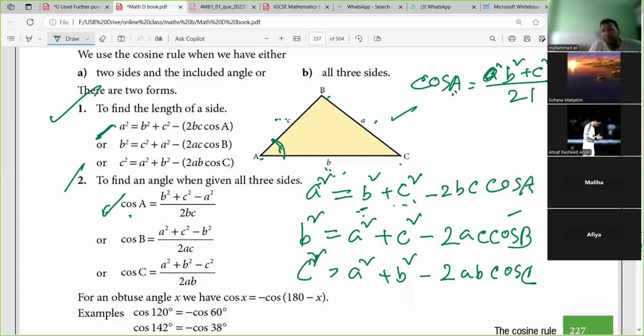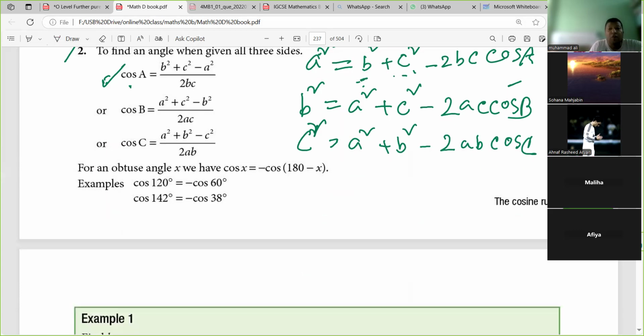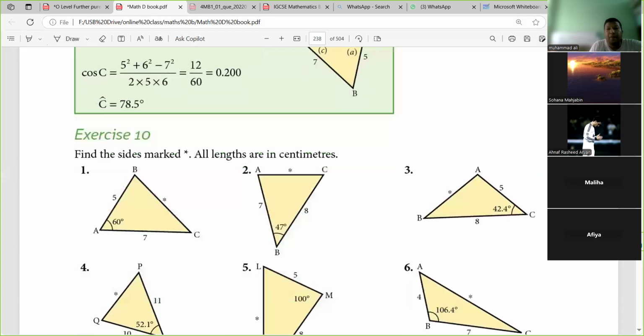Like cos C equals A squared plus B squared minus C squared divided by 2AB. And cos B equals A squared plus C squared minus B squared divided by 2AC. Okay. So this is also a very strong formula. We have to remember it and practice this.